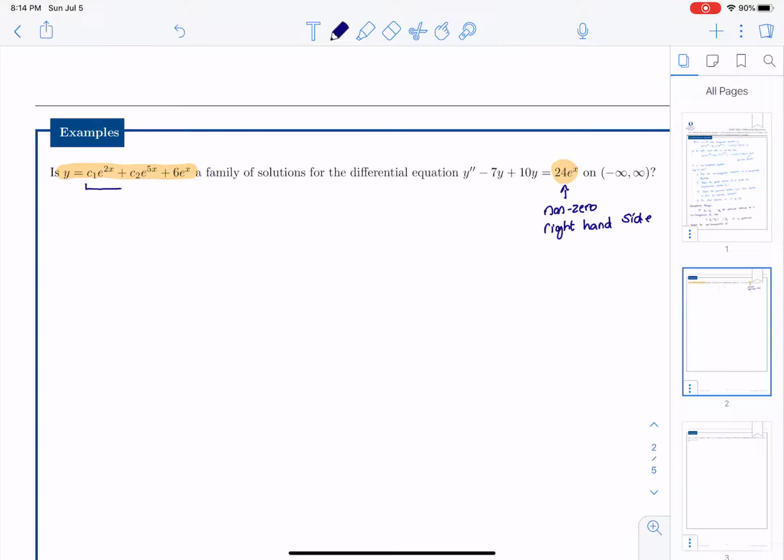The first part has arbitrary constants, so that would be the complementary function, and the other part doesn't have any arbitrary constants, so that would be the particular solution. We want to know if this combination is a solution to the DE. All we have to do is take the solution and plug it in the equation to see if it satisfies the equation.